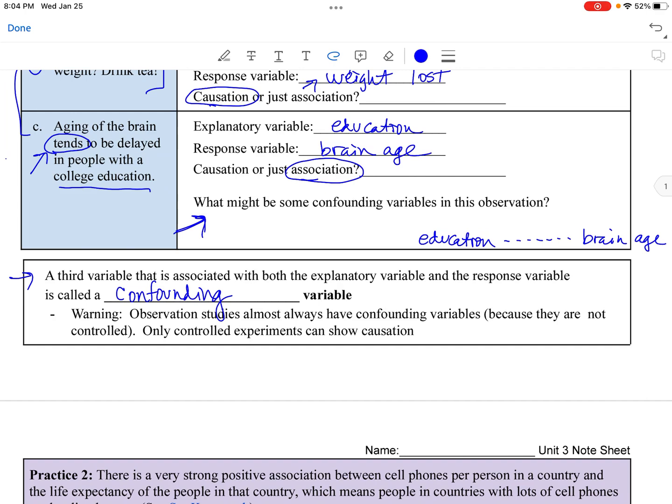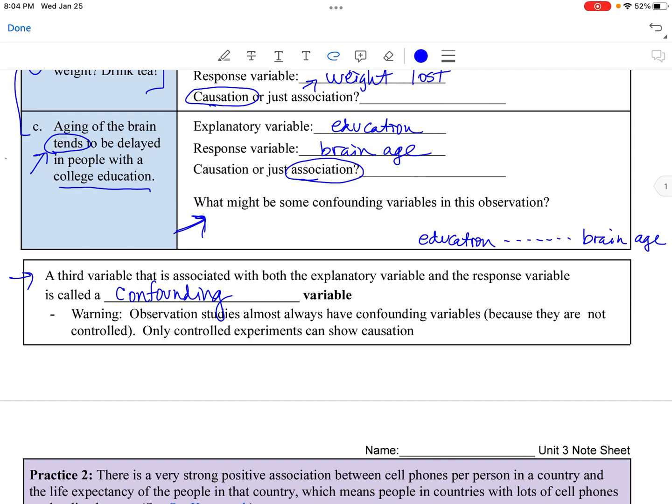You might have, for example, people that get a college education might have jobs that require more intellectual engagement, which is proven to delay brain aging. If you have an intellectually engaging or stimulating job, or maybe you really like playing word games or learning new things like new languages or music.